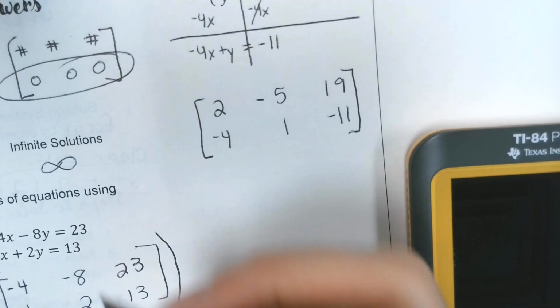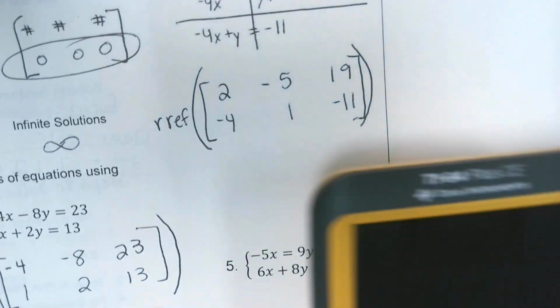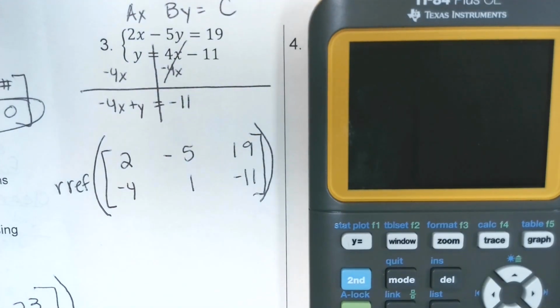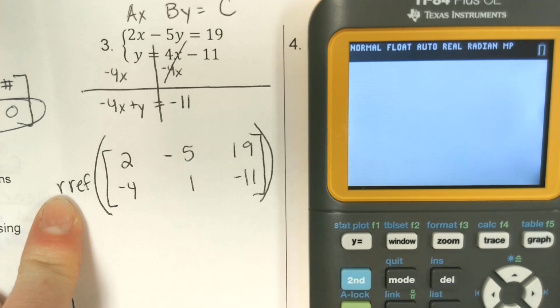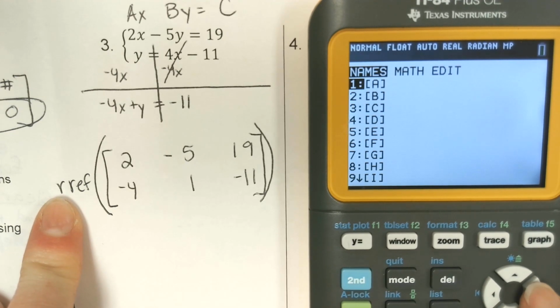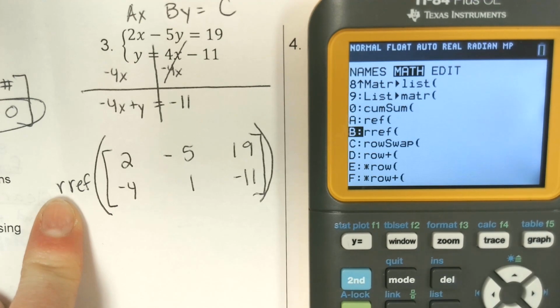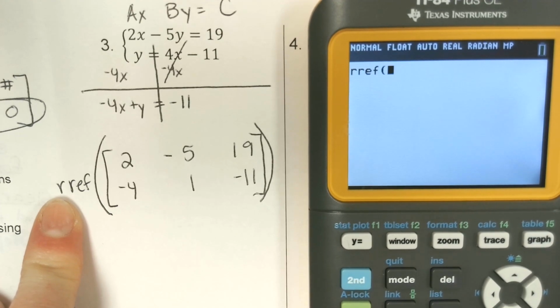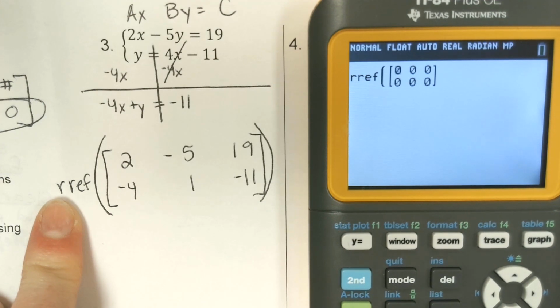Okay, so now we're going to do the RREF. So I'm going to hit clear. Follow the steps. Second matrix. Over to math. I'm going to go up to RREF. It's faster. Alpha zoom. Make sure it's a 2x3. Push enter.